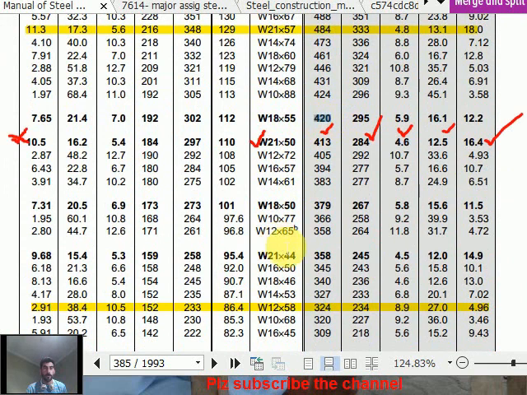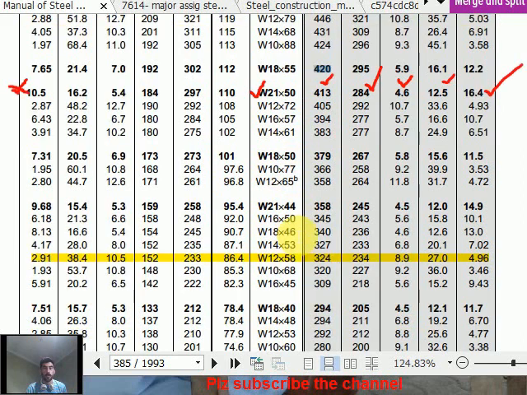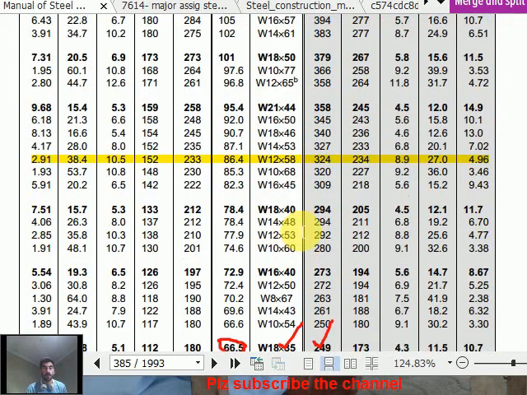But although we select W18x46, in that case that is our lightest section, remember. And W18x50, although this is not the lightest because this is 50, so W18x40, no, this is the lightest section, but it has a moment capacity of 294, we need 305.